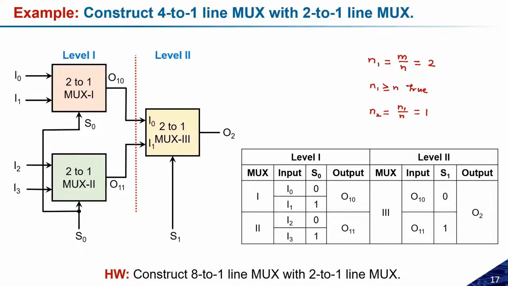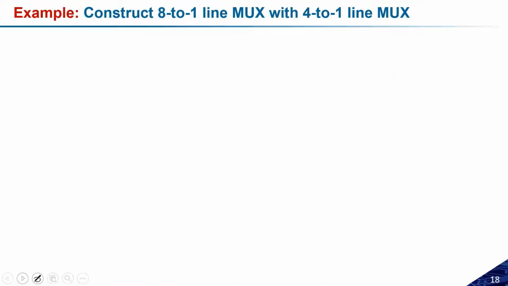But in this problem, I have to construct an 8:1 mux with the help of 4:1 mux and some logic gates. Logic gates may also be added. So how to construct this one? How many muxes are needed? Can anyone tell me? 2. Okay, so is only 2 multiplexers sufficient to design this one?